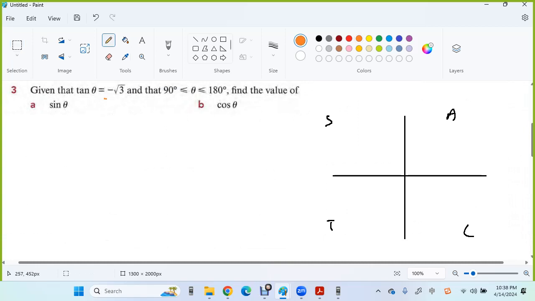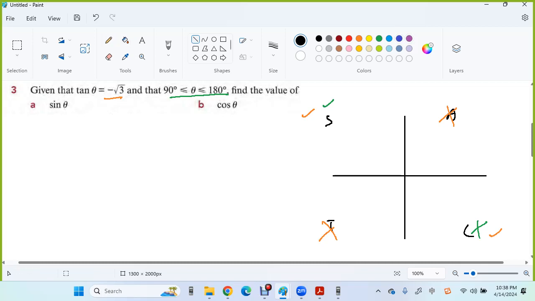So tangent positive is in the third quadrant, so tangent negative will be this. And then next, theta is between 90 and 180 degrees, so it will be here. Okay, so this one cannot. So we know that theta is in the second quadrant. Okay, so the negative square root 3.